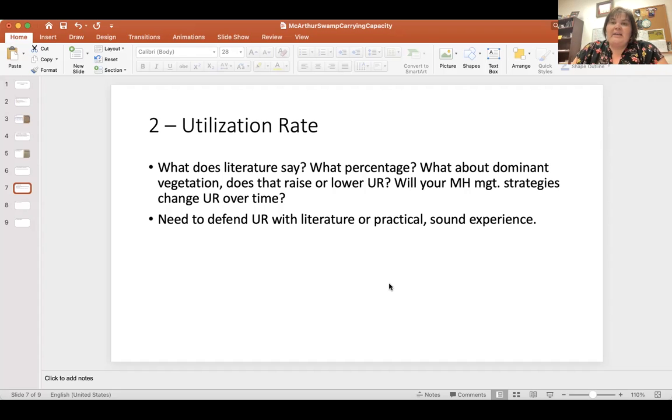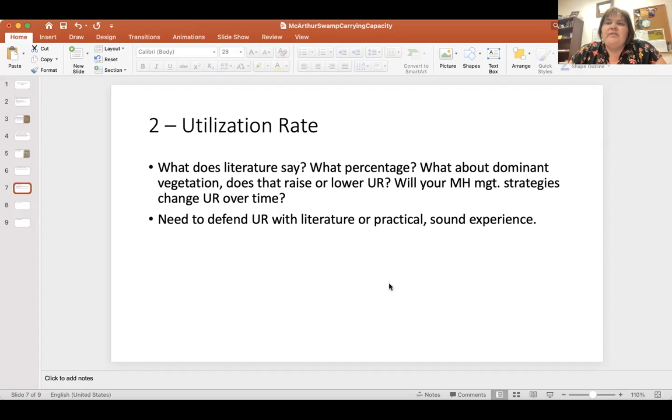So like the grasslands in the Midwest is going to have a very different utilization rate than the high desert in the Southwest, like in New Mexico. And so there's lots of reasons that those utilization rates shift depending on ecosystem. And a lot of those we've already talked about. So we need to figure out what the proper utilization rate is for this scenario.